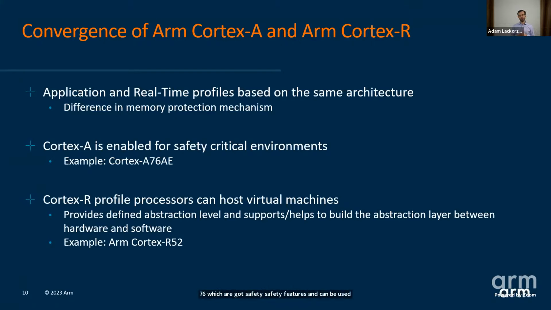And on the Cortex-R side, the Cortex-R52 is the first processor that implements hardware-based virtualization, which is really nice for supporting this kind of consolidation use case we are talking about here today.